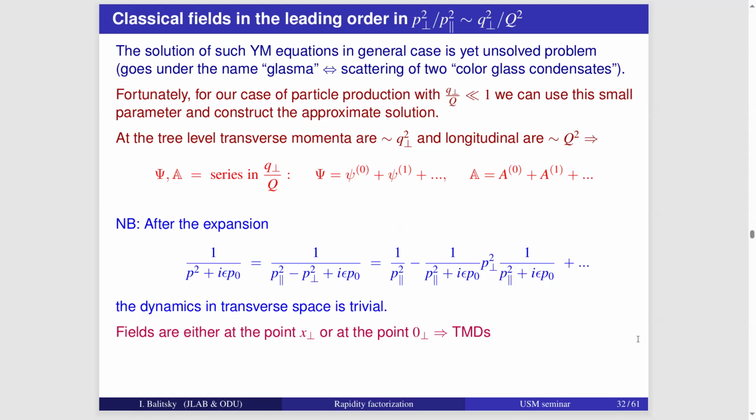And then the dynamics in transverse space is trivial, and these go into, let's say, gluons, F-minus, something like that, of quarks, not quarks, but extra gluons in the quark operators. It's important that if you have only longitudinal momentum in the numerators, then fields are either at point x or at the point 0.